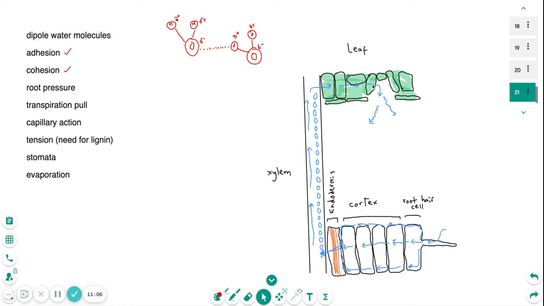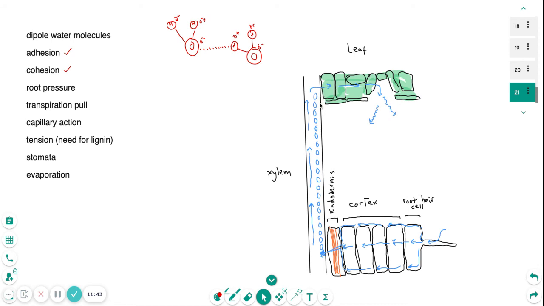So as the water moves into this gap, because the water molecules are all stuck together with the hydrogen bonds, there's a big column of water molecules all stuck together, and they're all being pulled up together as one big column. Okay, so the pull is happening because of evaporation. So you could say that evaporation is driving the process of transpiration. Evaporation is what is causing the pull of water up the xylem.